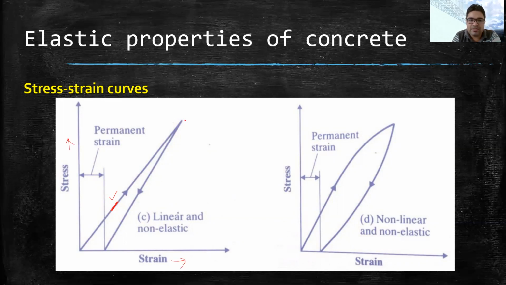So at this point, corresponding to this stress, if we remove the stress, then the removal path will not follow the same line like it was following in the first case. I'm showing again.